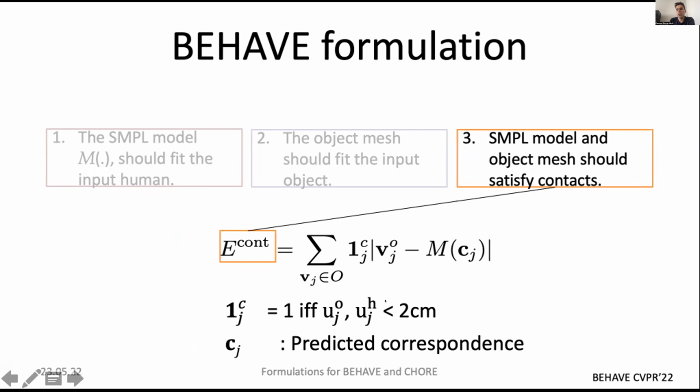So in this case, we assume that there's a contact, and therefore we impose that the object point Vj matches the model point M evaluated at the correspondence point Cj predicted by the network. For more details, I refer to the paper, but this is the basic idea.